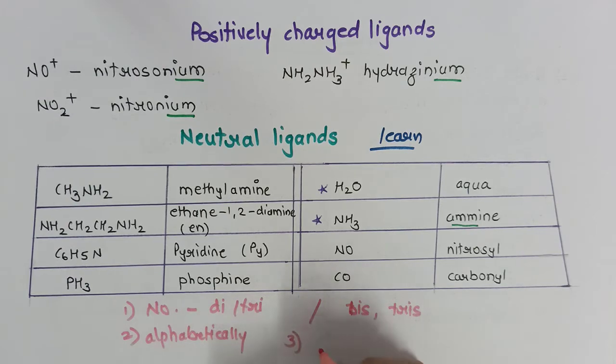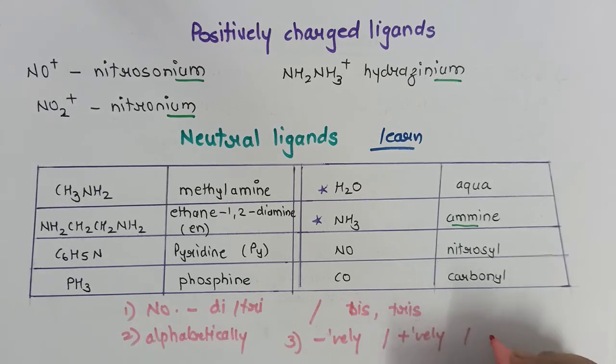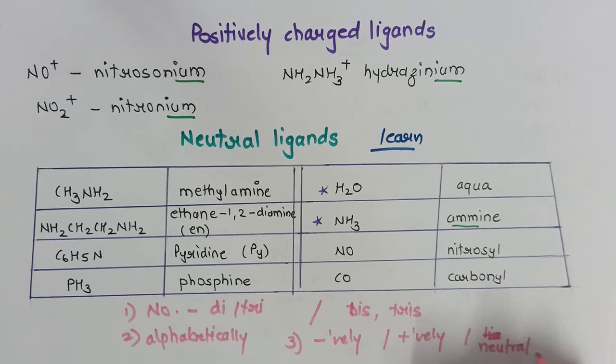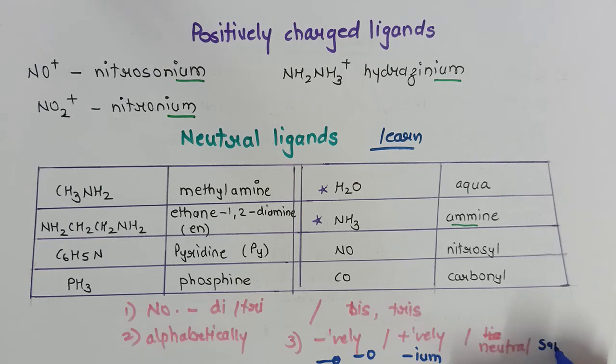And thirdly, we have to be careful if it is a negatively charged ligand, if it is a positively charged ligand, or if it is a neutral ligand. If it is a negatively charged ligand, then we'll end it with O. If it is a positively charged ligand, we'll end it with IUM. And if it is a neutral ligand, then the name remains as it is, same.